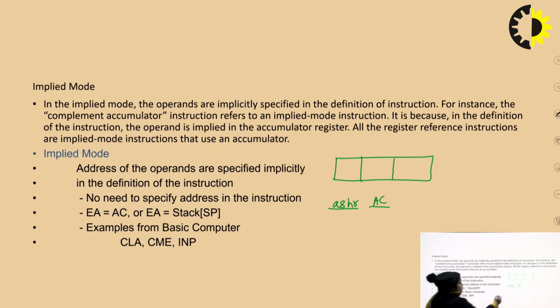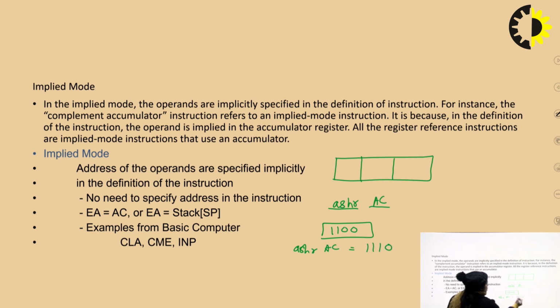Suppose AC has 1100. You can simply write ASHR accumulator and you get 1110. At that moment, no extra information or extra register is needed to find this ASHR AC. So it is implicitly defined in the instruction, and that is called implied mode.